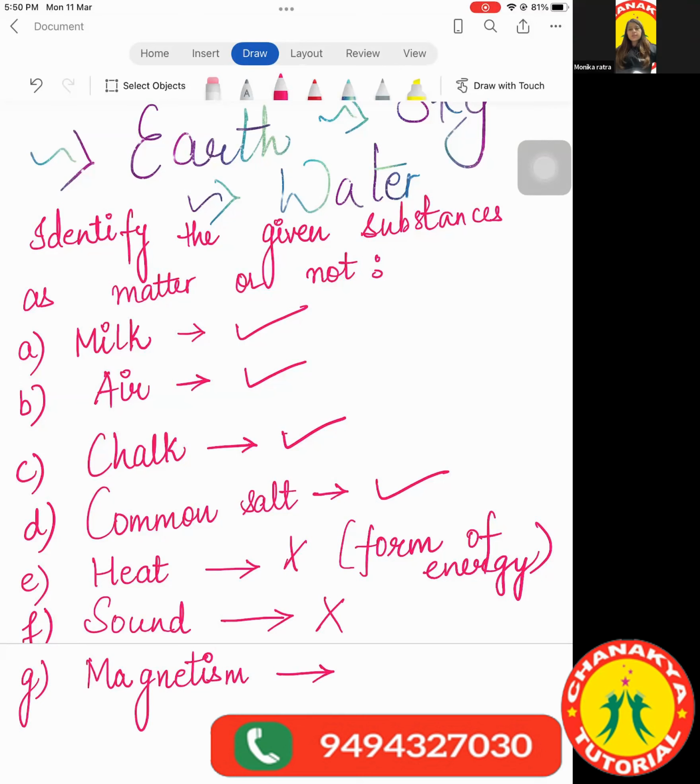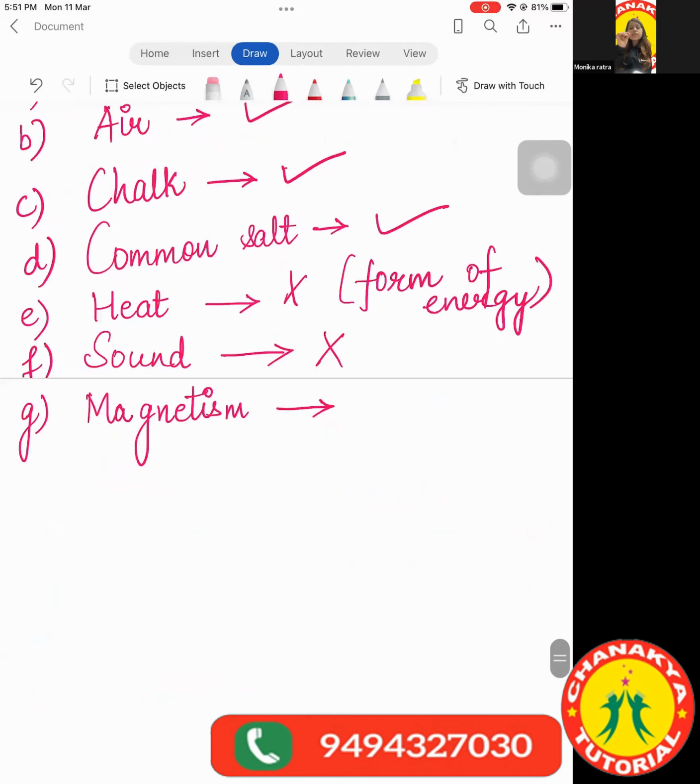I'll tell you what this term means. Everyone, please pay attention. Magnetism is basically the generation of magnetic property for a certain time in any substance, so it is related to the magnet. If a substance has some kind of magnetic property, will that process be considered matter or not?